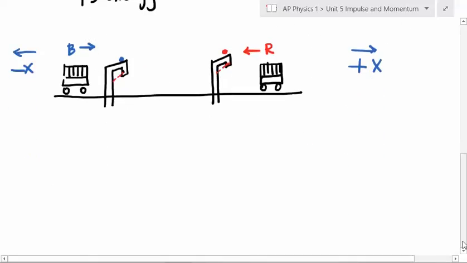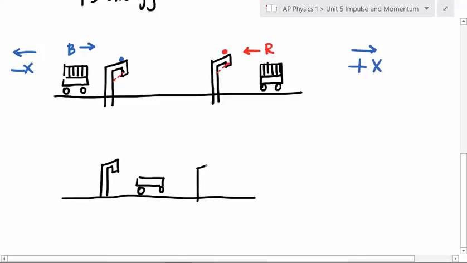Then we can do the Velcro Experiment, the Velcro Collision, and for that one, start out with one of your carts here in the middle and at rest between the two photo gates. So this one will start out here.